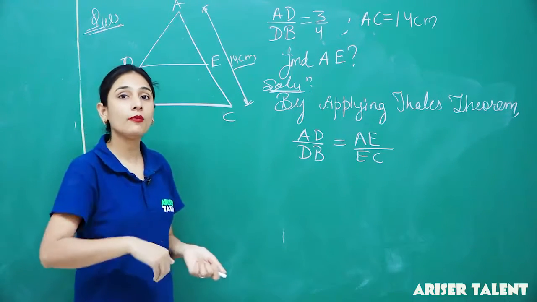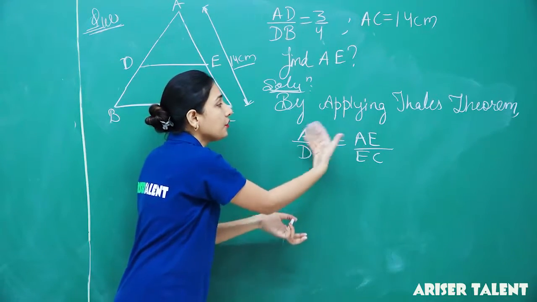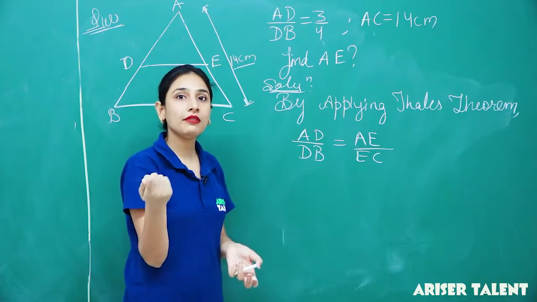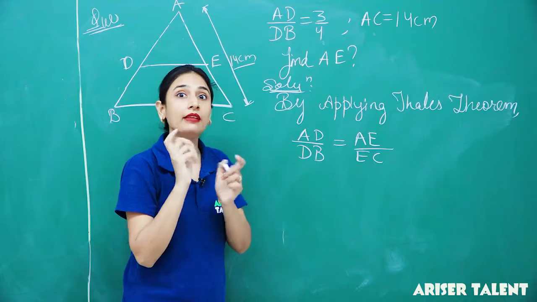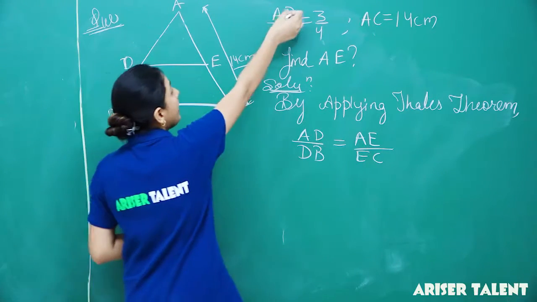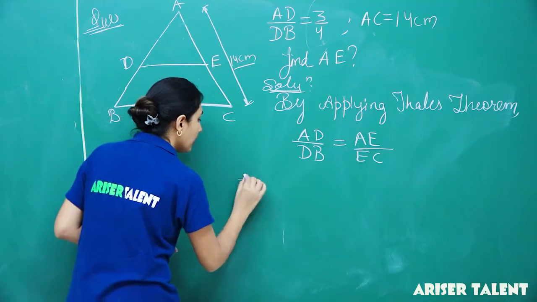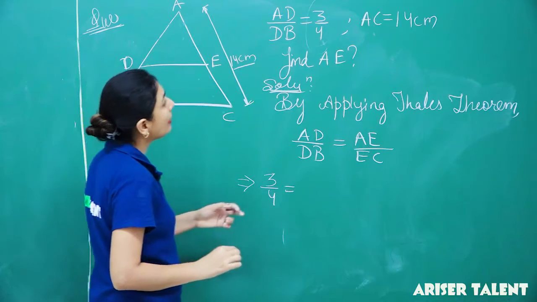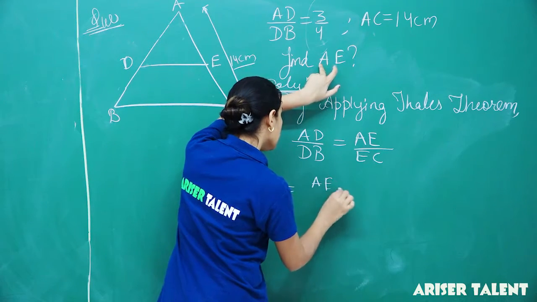Our motive is to find AE, so we have to write this equation in terms of AE only. So there will be only one unknown, and it will be very easy for us. Now AD by DB is given as 3/4, so we write 3/4, and AE we write as it is.